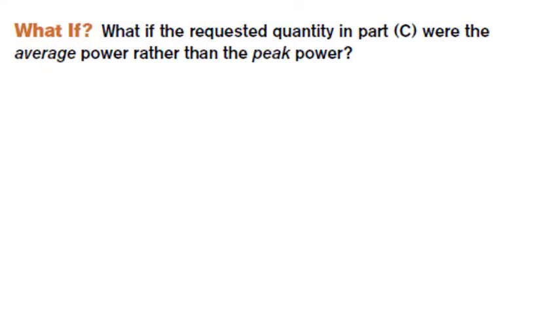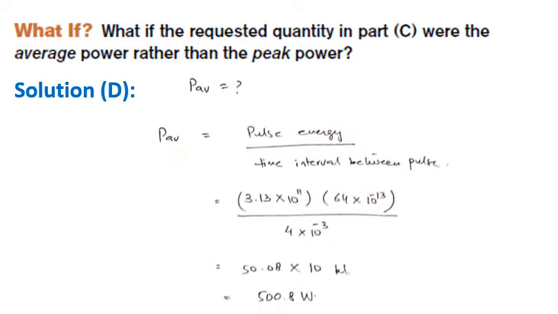What if the requested quantity in part C were the average power? Now he says that instead of calculating peak power, find average power. Then we will proceed as pulse energy divided by the time interval between the pulses.